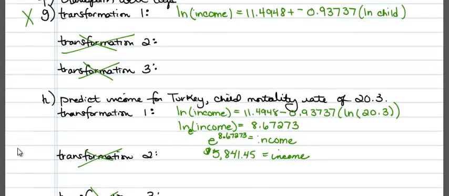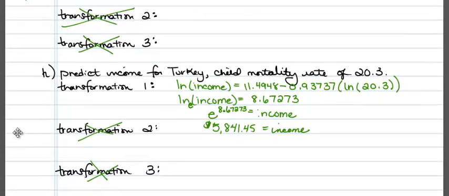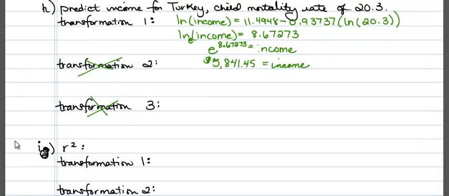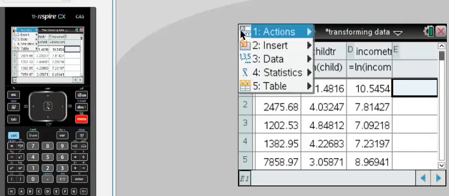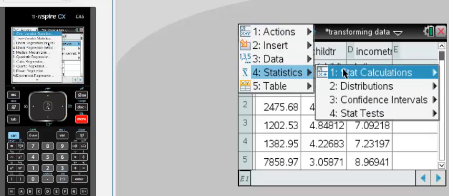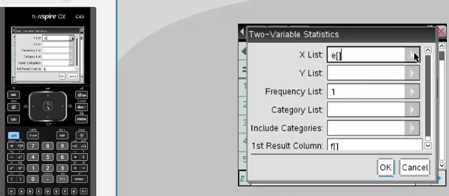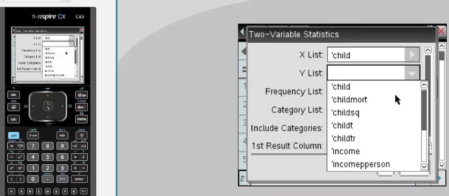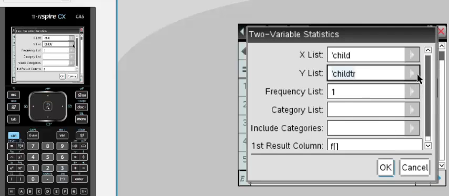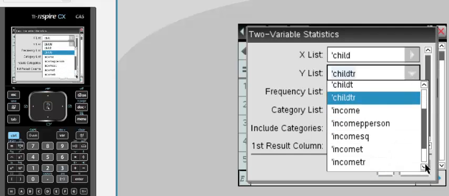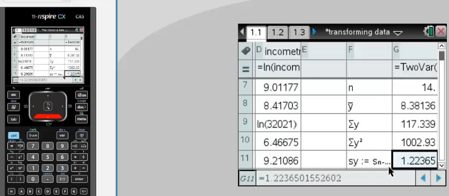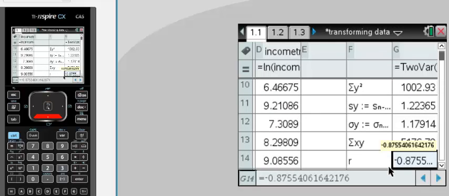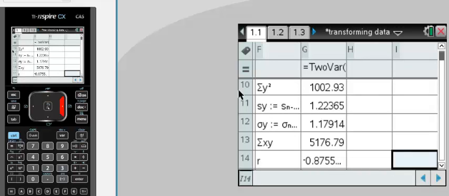The last one that we did was 63. We felt that was one of the best ones. So let's look at the R squared for this. If I do the stat calculations, now this was just the transformed value of the income. So you can tell it's negative 0.87.